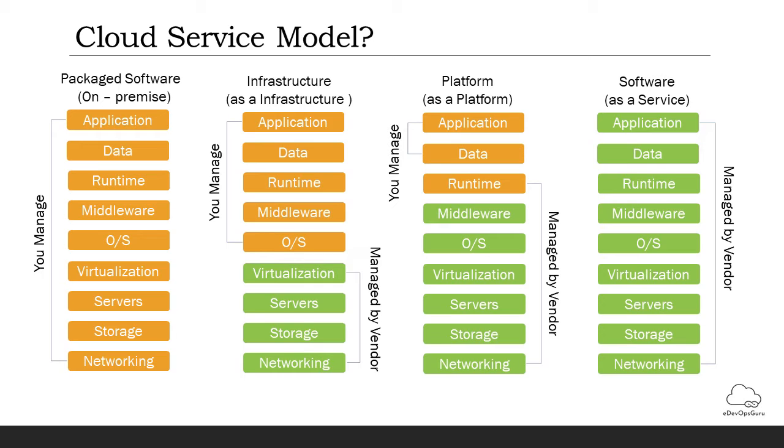Using this service model, customers can develop their own applications on these resources. Networking, storage, servers, and virtualization are managed by the vendor, whereas operating system, middleware, runtime execution environments, data, and applications are managed by customers. The examples are AWS, Azure, Google Cloud Platform, and Alibaba Cloud.